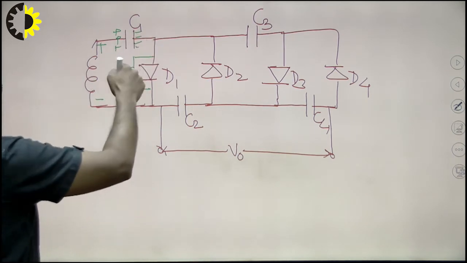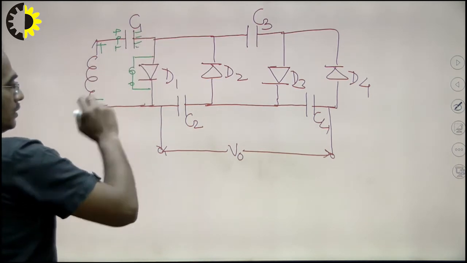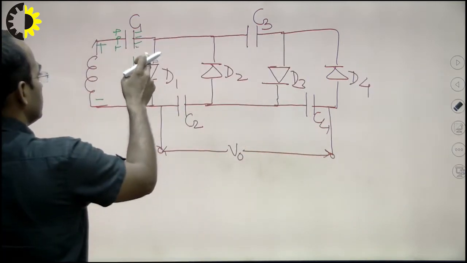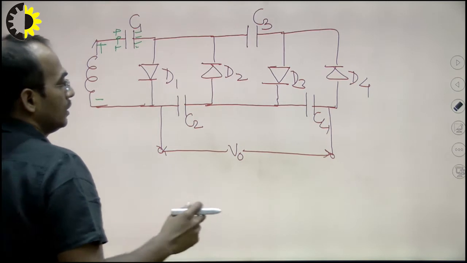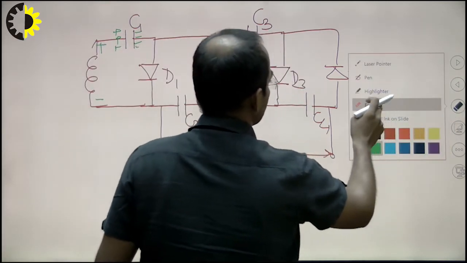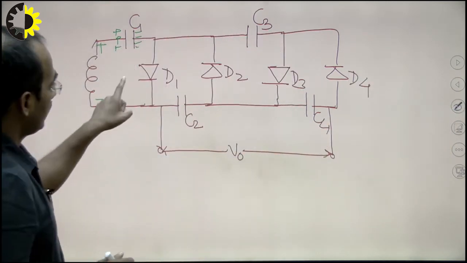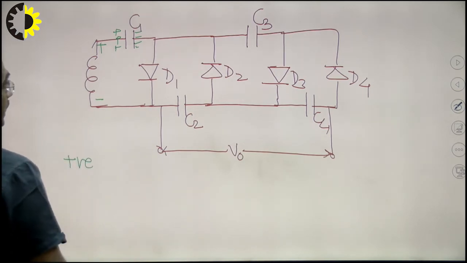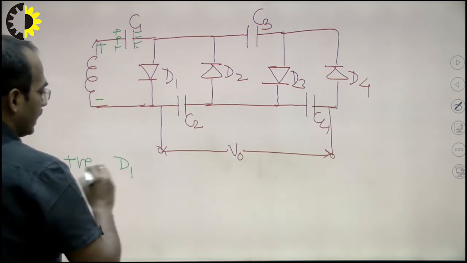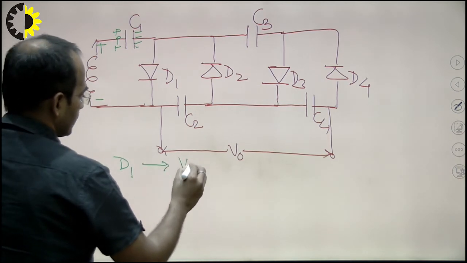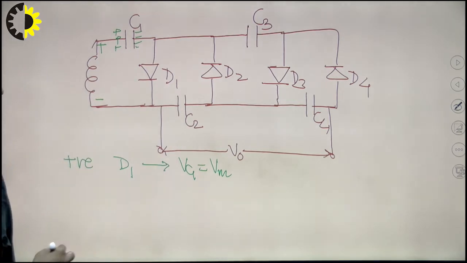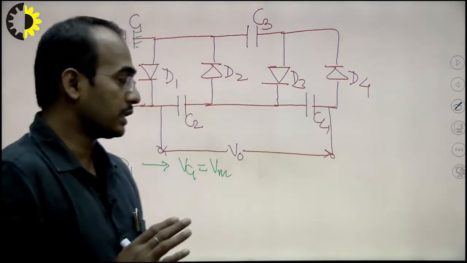I am not going to make this short circuit again and again, I am just telling you that this will behave as short circuit. Again next half cycle will come. So, for positive half cycle diode D1 is conducting and the voltage across capacitor Vc1 is equal to Vm, as I have discussed in the voltage doubler circuit.